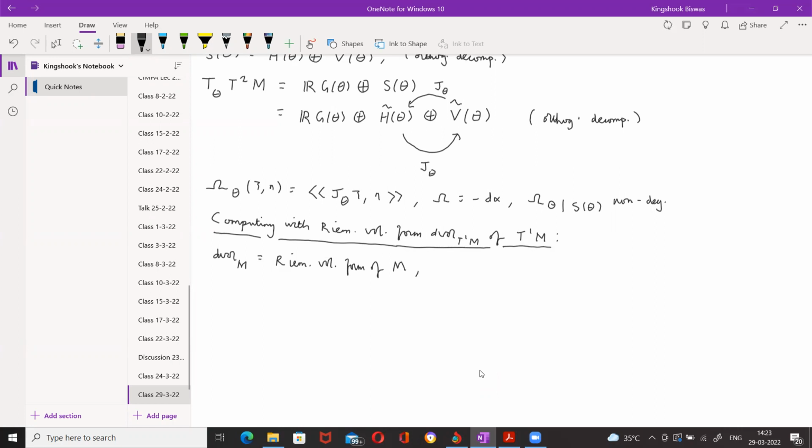This takes the value 1 on any positively oriented orthonormal basis of T_pM.